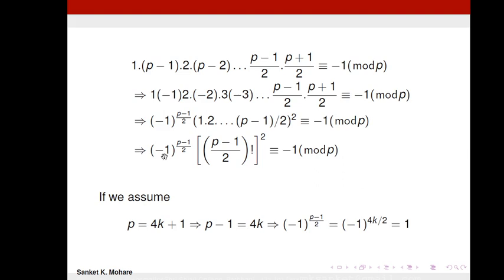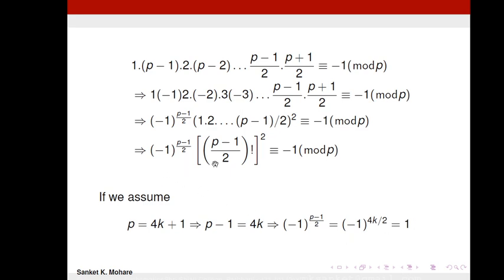Now put the value p−1 = 4k here in (−1)^((p−1)/2). So this implies (−1)^((p−1)/2) = (−1)^(4k/2), and 4k/2 is 2k. So (−1)^(2k) is 1, as the power is even. (−1) to the power of an even number is always 1. So (−1)^((p−1)/2) equals 1.